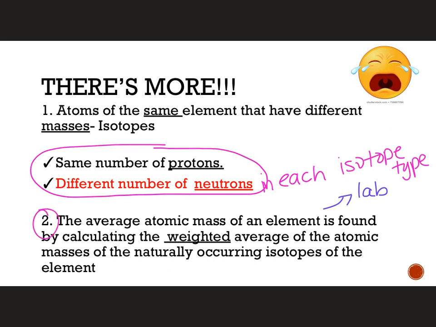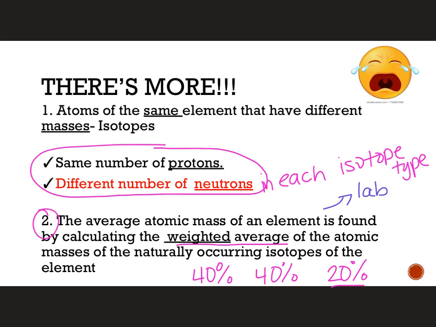So then we see this bullet point number 2, where it says the average atomic mass is found by calculating the weighted average of the atomic masses of the naturally occurring isotopes. So we will have a lab over that, but I want you to think of that. So if it's a weighted average, it's just like calculating grades. So we have summative assignments, so your tests and stuff, those are weighted 40%, your labs are weighted 40%, and your daily grades are only 20%, meaning you can get 100 on all your daily grades, but if you bomb all your tests, it's not going to show that you have 100% average.